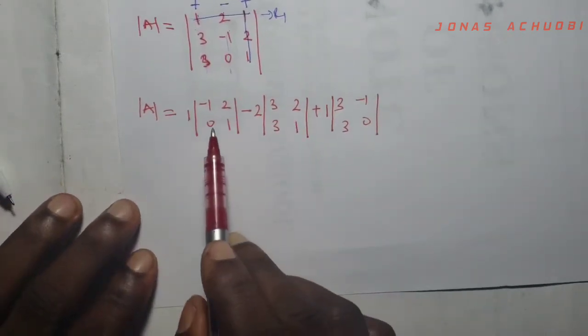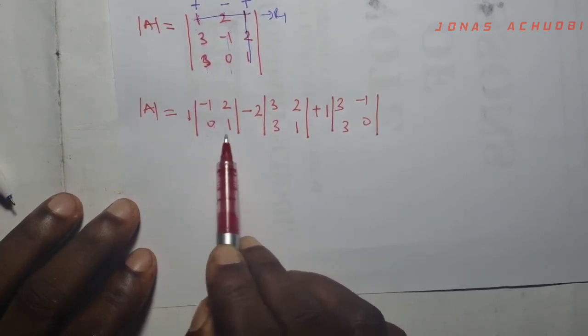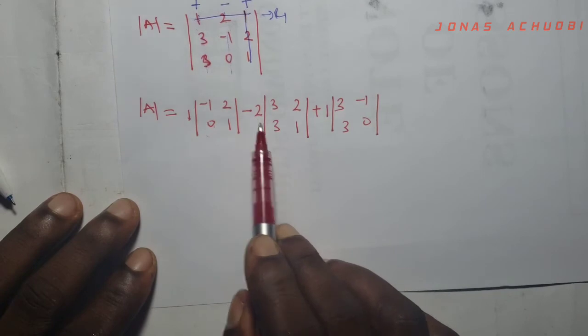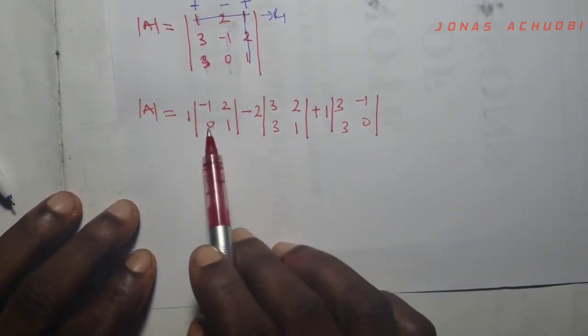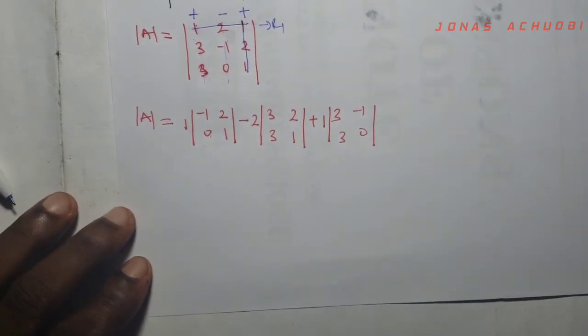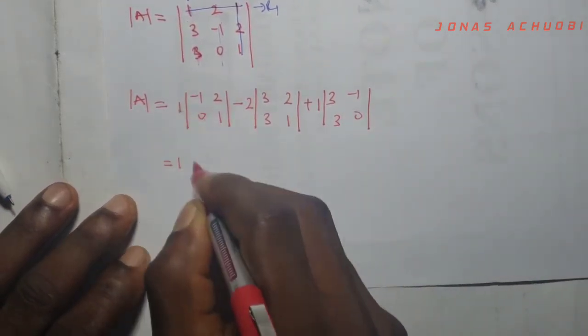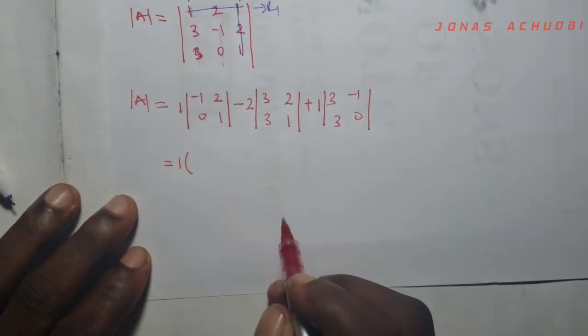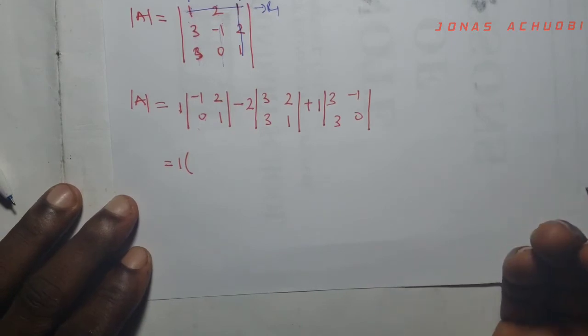Okay, so this is A11, and it's 1 times its minor, minus 2 times its minor, and then 1 times its minor. And what are these? These are just 2 by 2 matrices, which you already know how to compute the determinants of. So this will now be equal to 1 times this 2 by 2. What do we do? Multiply the diagonal entries and subtract the off-diagonal entries, right?